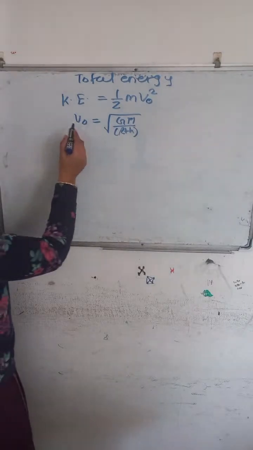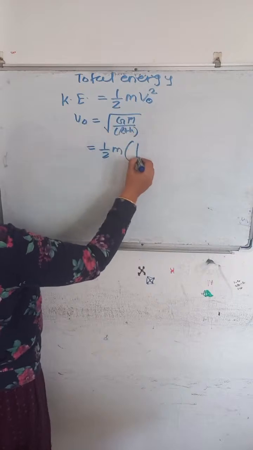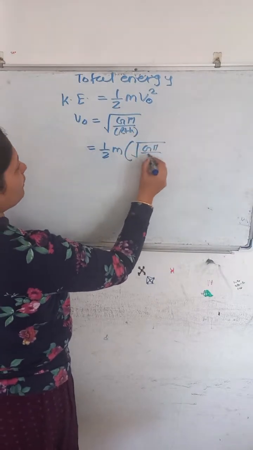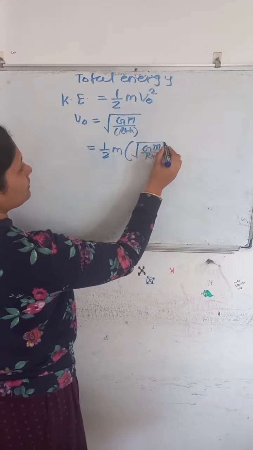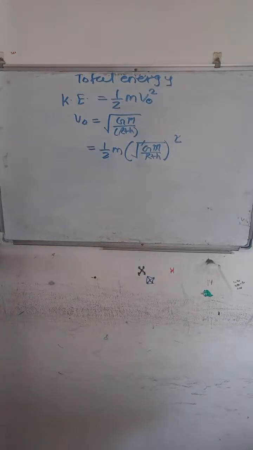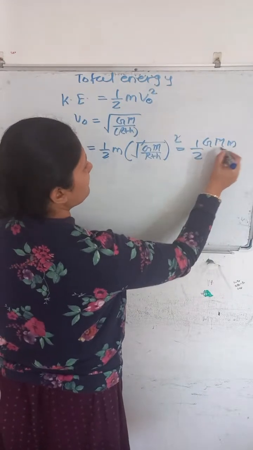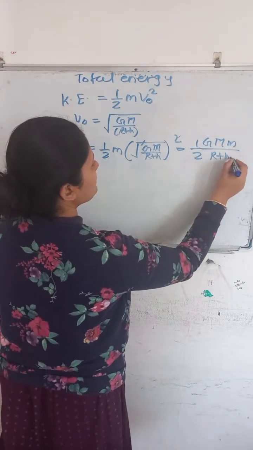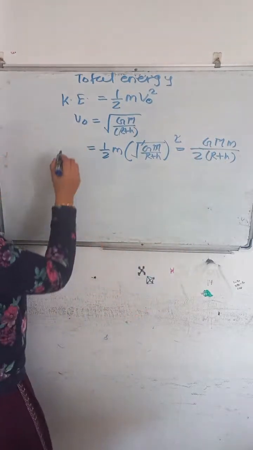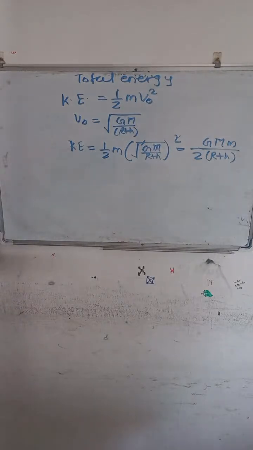So we substitute the value: half m times the square root of GM upon r plus h, whole squared. The square and the root get cancelled. So after cancellation we get half GMm upon r plus h. We are getting this expression for kinetic energy.